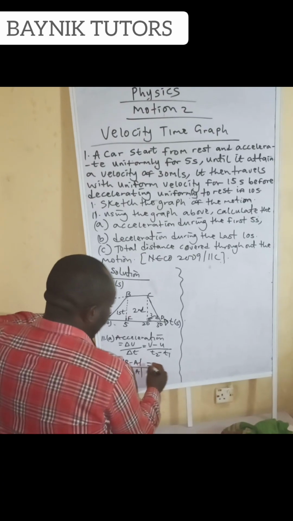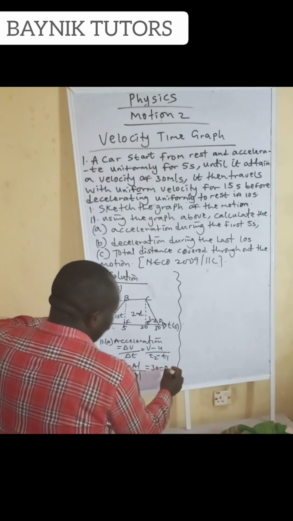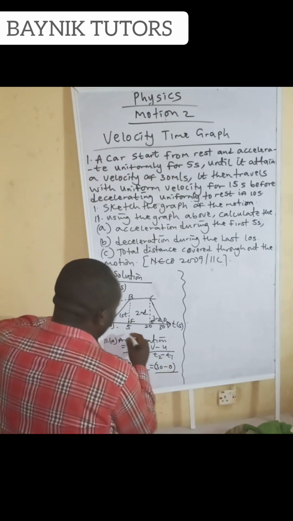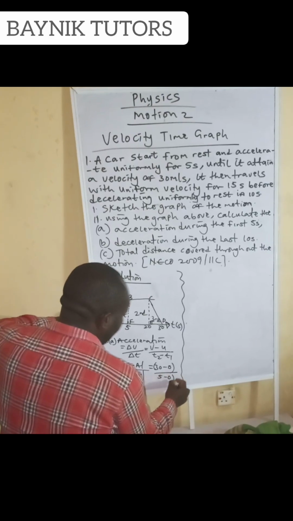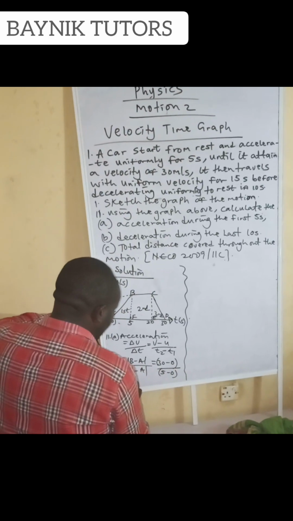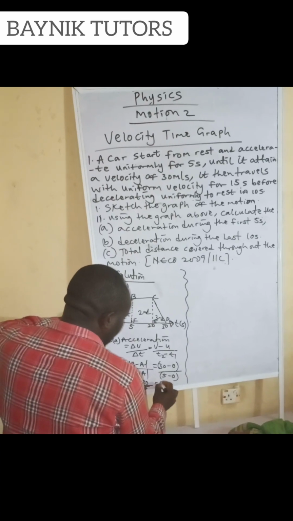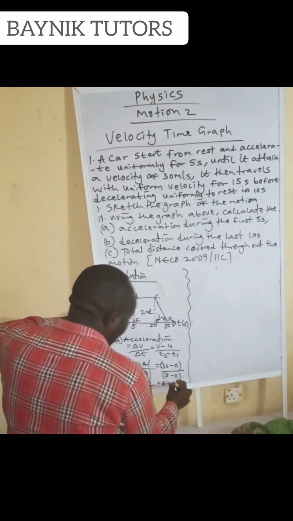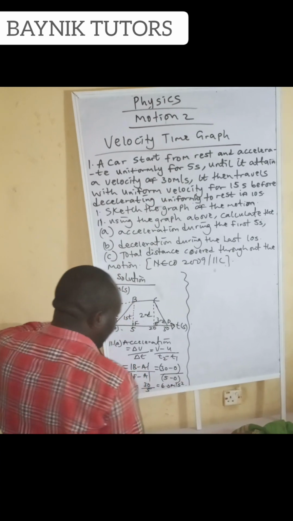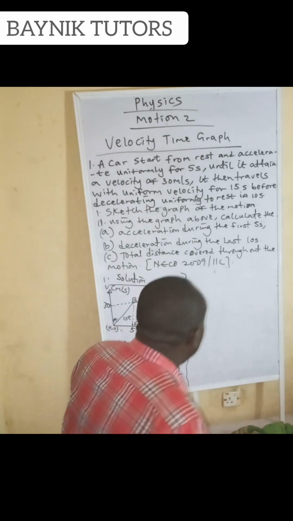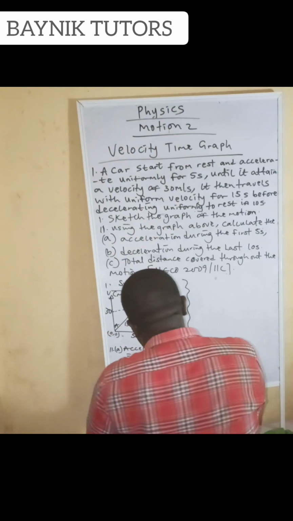So we can now say 30 minus 0 over 5 minus 0. So our acceleration is 30 over 5, which is 6.0 meter per second square. So we've done the acceleration like that.